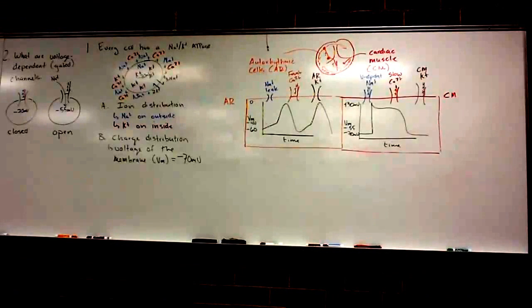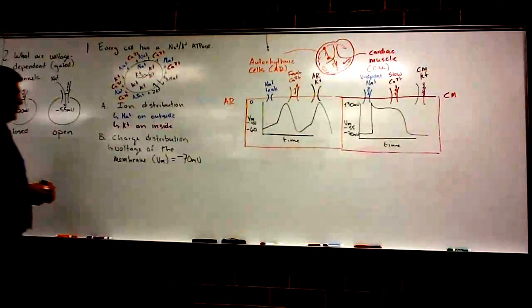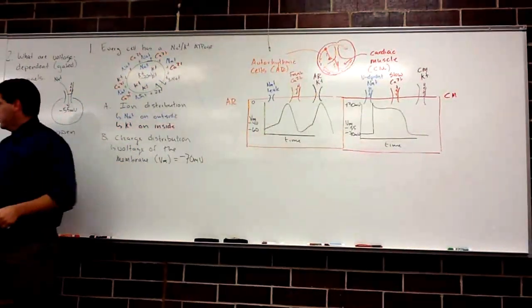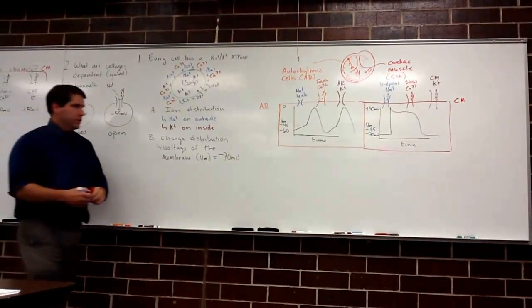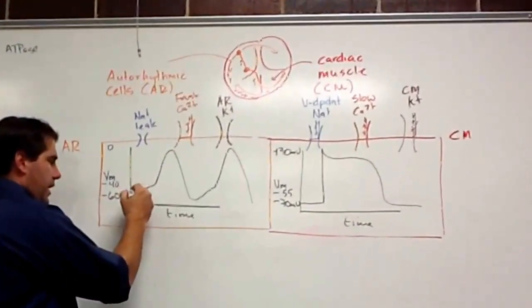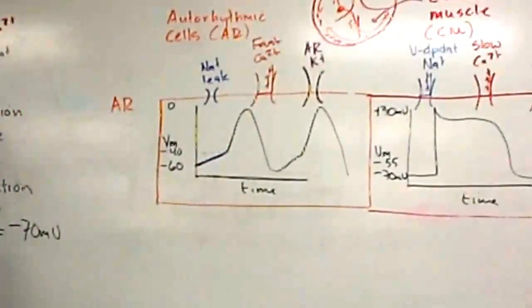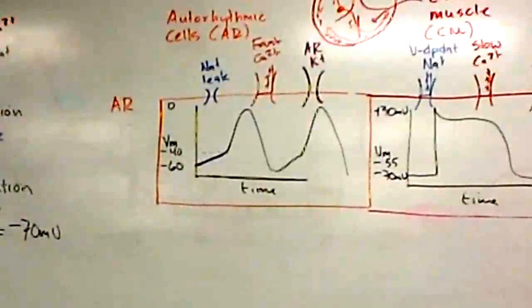Hopefully you're getting that there's going to be a sequence of events here. If this is a cell where sodium starts to leak in, that sodium is going to start raising the voltage. Here, an AR cell is sitting at minus 60, and sodium starts to leak in, raising the voltage a little bit because a positive sodium is leaking in, until a calcium channel gets to minus 40.